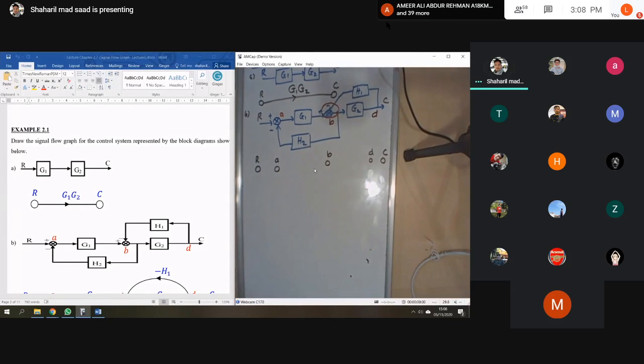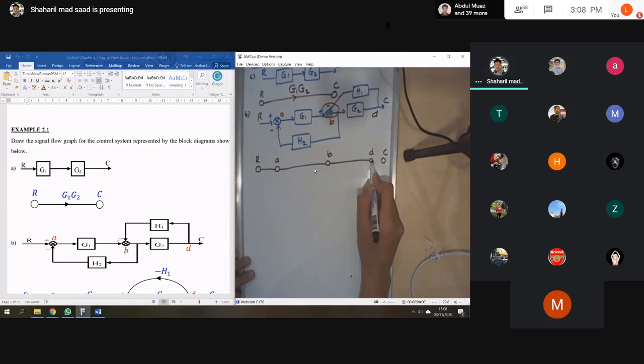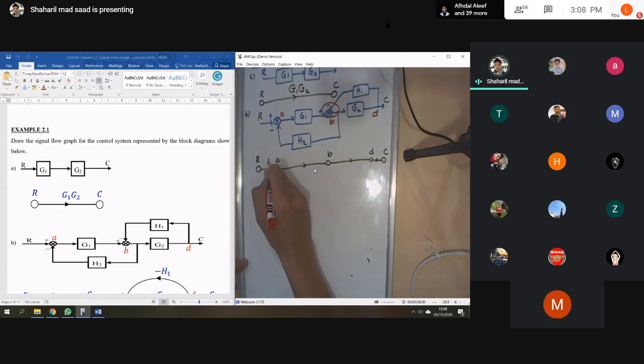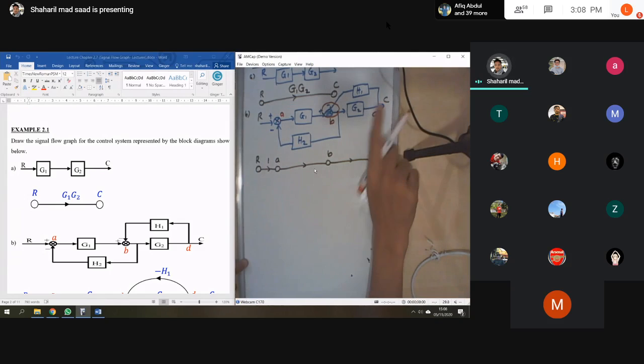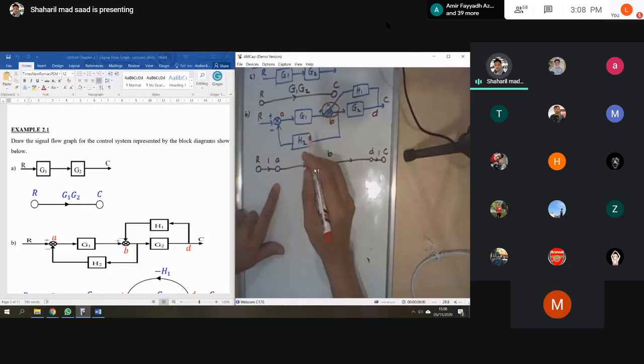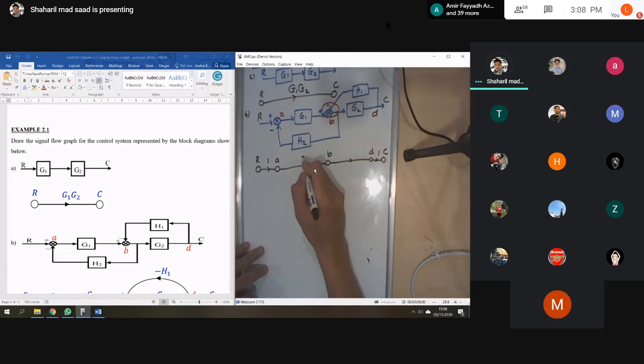Then you draw the branches. Each has an arrow. The value for R to A is 1, and the value for D to C is 1. Clear? The second step is you draw the straight ones first. The gain for the straight one is G1, so this one will become G1.